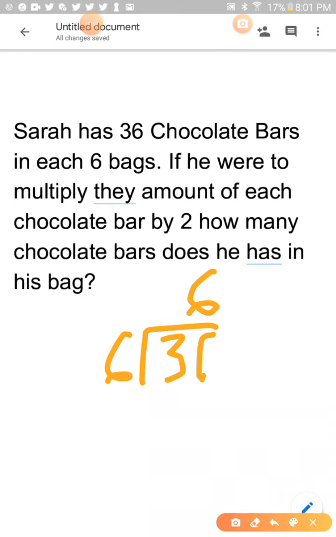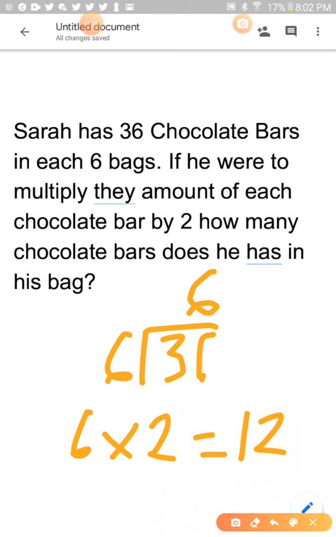So now that we know that in the 6 bags there are 6 chocolate bars each, in the problem it says if you were to multiply that amount by 2, as if he doubled the amount of chocolate bars, we would get 12, because 6 times 2 gives you 12. So he would have 12 chocolate bars in each bag if he were to double that amount.